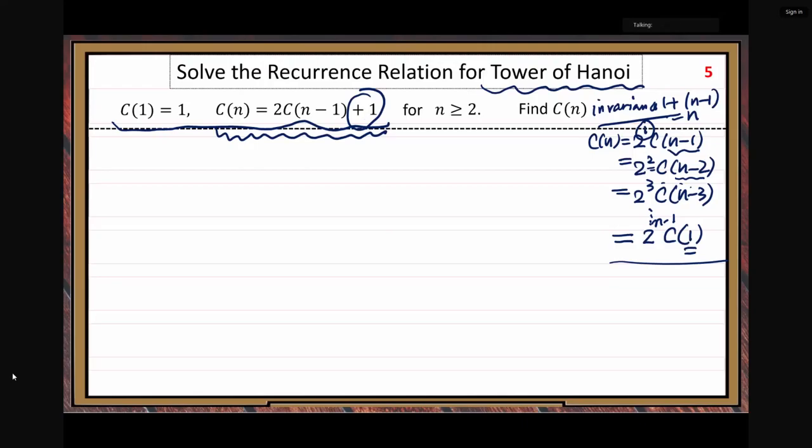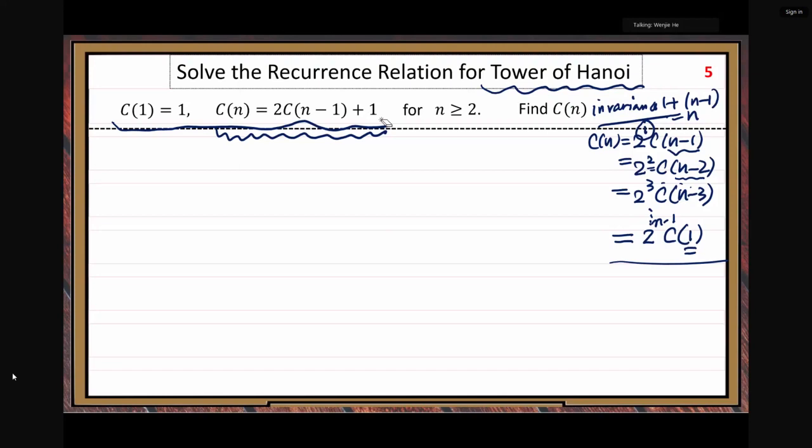So that means that plus 1 adds some difficulty to this problem. That plus 1 makes this recurrence equation harder to solve. The next thing is, here we are given this plus 1 term, can we use some technique to make it disappear?